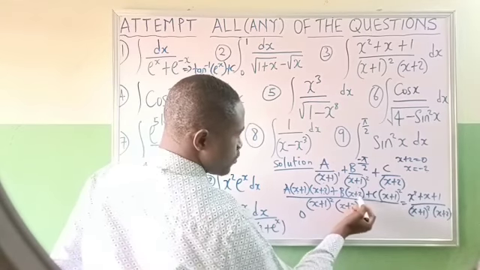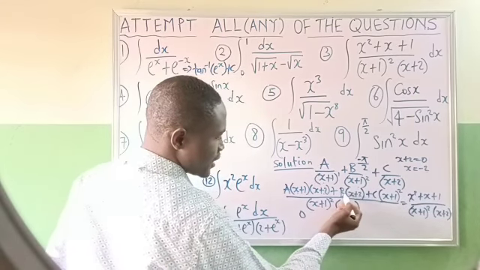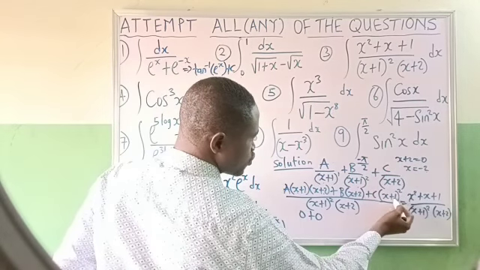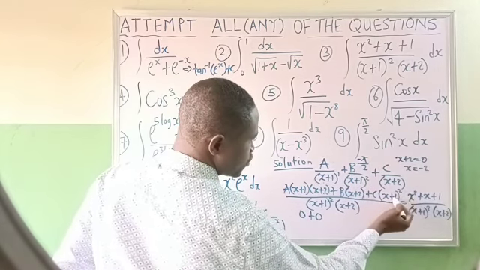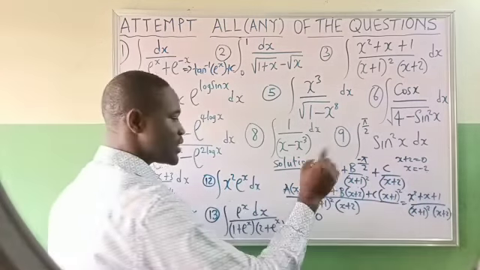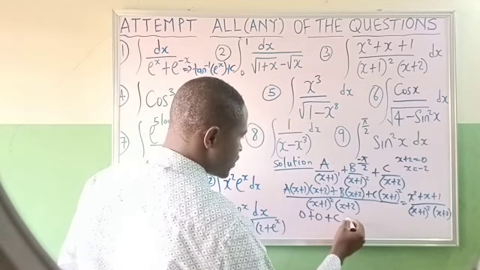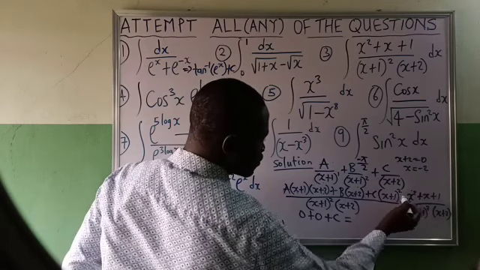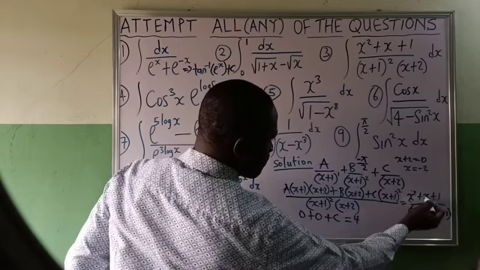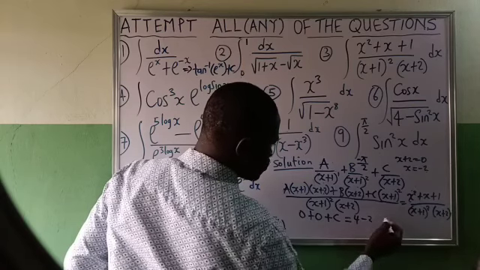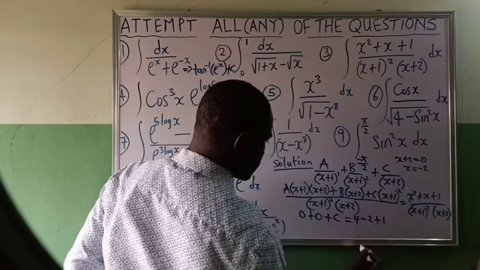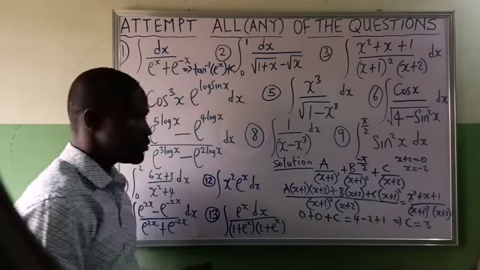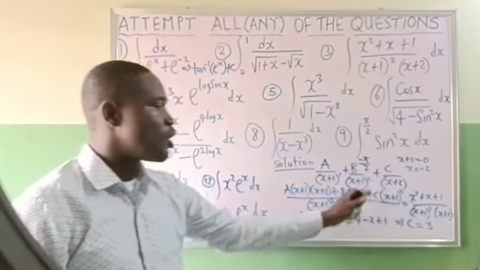Minus 2 plus this will give me 0. 0 times this, 0. Minus 2 plus 1 is minus 1. Minus 1 times minus 1 raised to power of 2 will give me 1. 1 times C will give me C equals to minus 2 raised to power of 2, which is what? 4. Then minus 2, then plus 1. That will give you that C is equal to 3 from using the cover-up method.